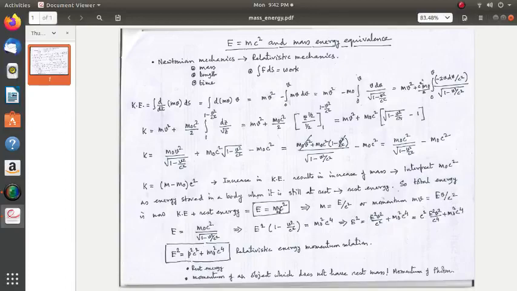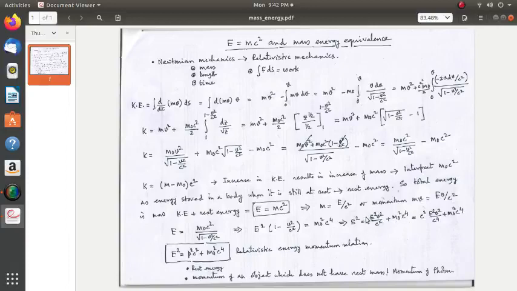So let us examine this equation. E equal to m0 c square by root over 1 minus v square by c square. Then if we square it, then E square multiplied by 1 minus v square by c square equal to m0 square c to the power 4. That means E square equal to E square v square by c square plus m0 square c to the power 4.